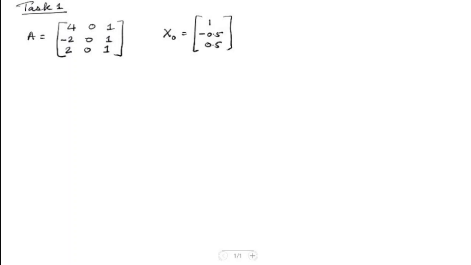I've written down the matrix A and the initial guess x0 here, and our first step will be to multiply A times x0.